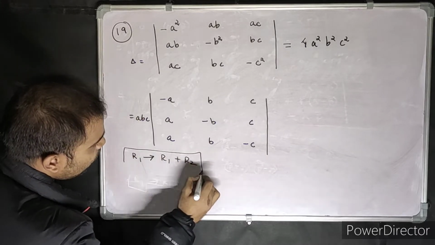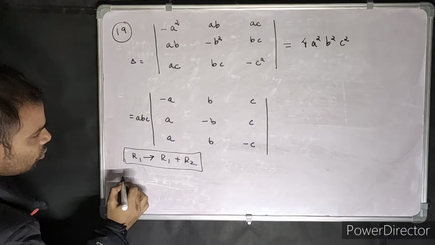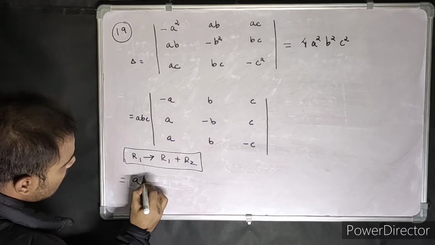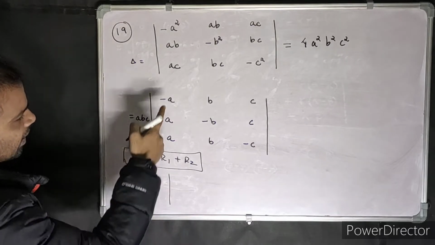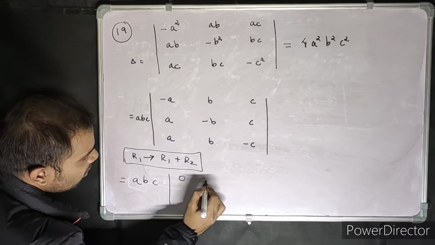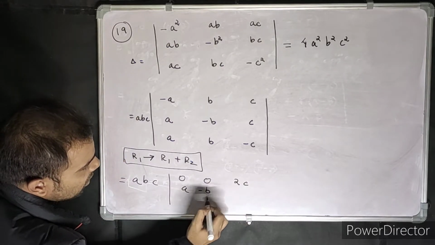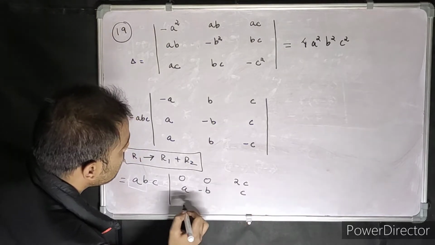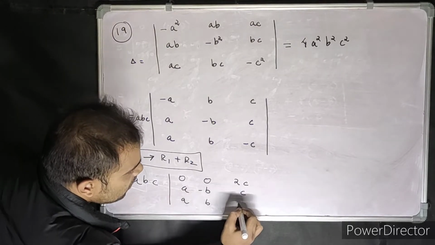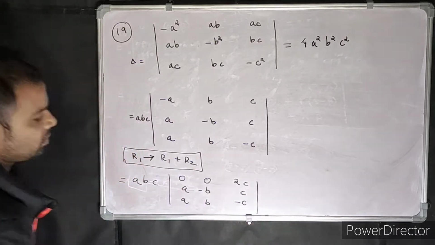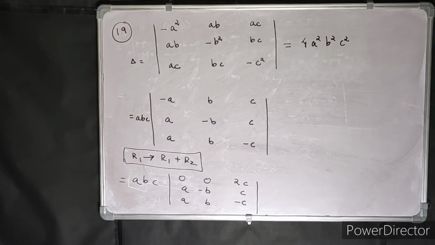That is your next step. So A, B, C outside, that is 0, and here also 0. This is 2C over here. The rest, just copy them: this is C, this is A, this is B, and this is minus C.